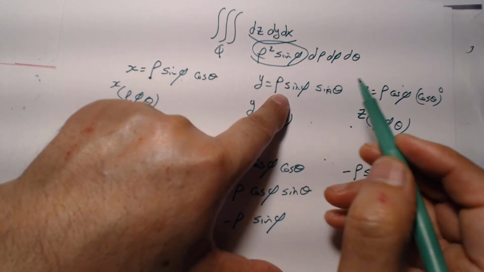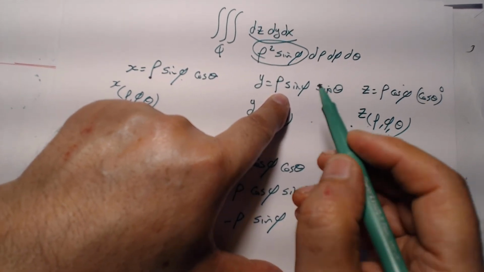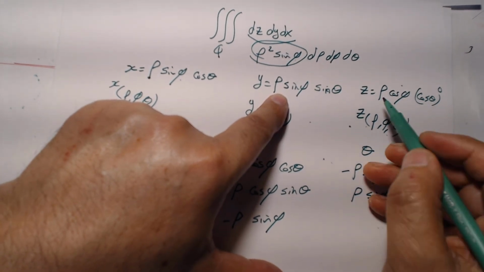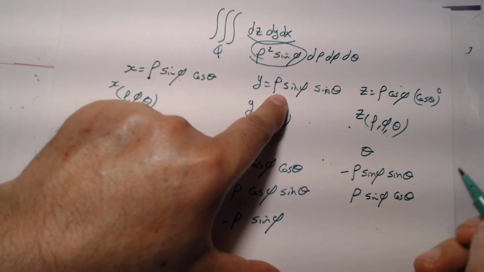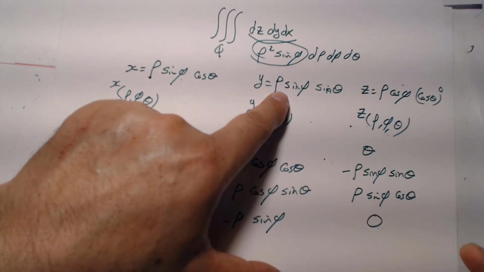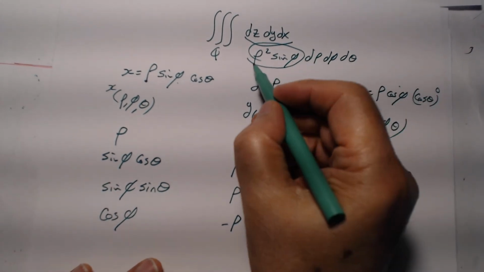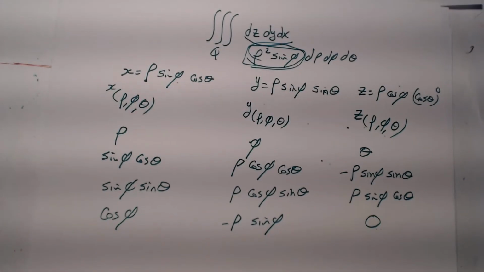I'm doing it with respect to theta. The derivative of sine is a cosine. That's right. What is the partial derivative of z with respect to theta? 0. If I find the determinant of that 3 by 3 matrix, it must give me that factor.